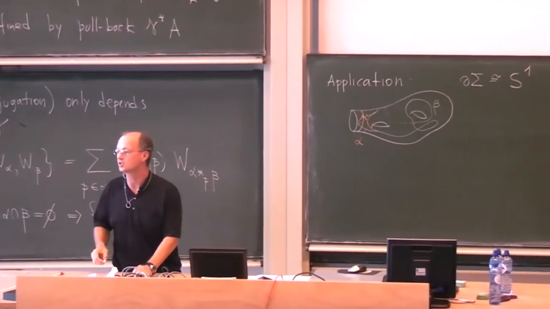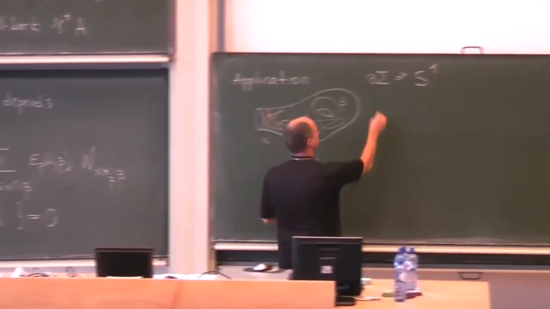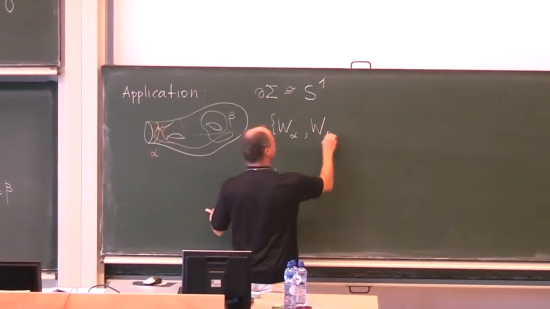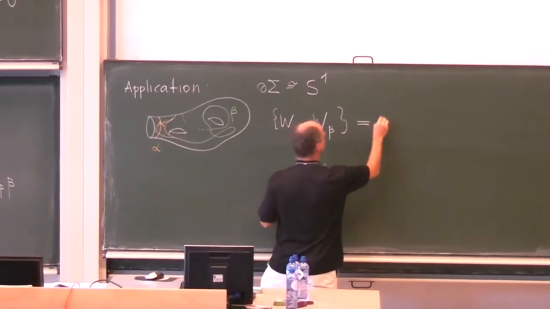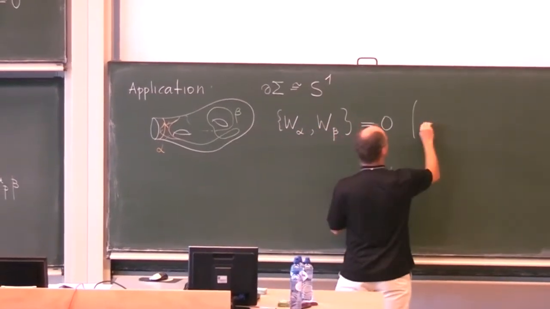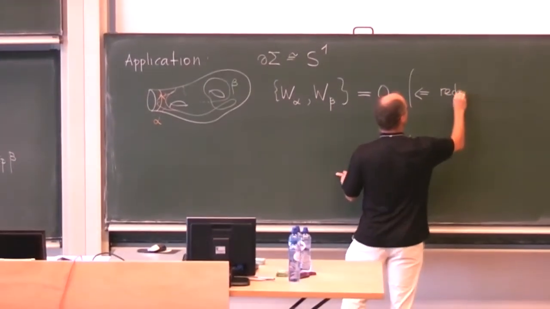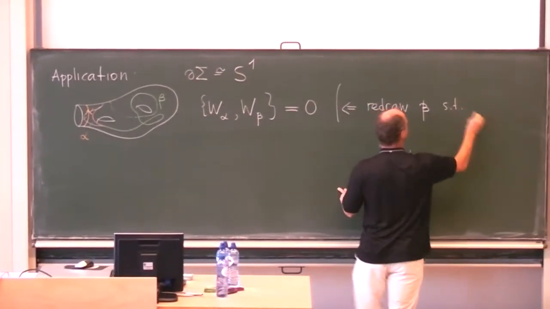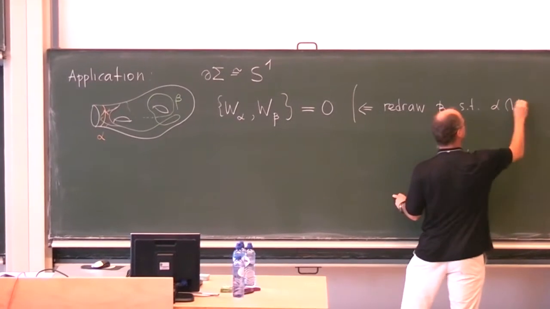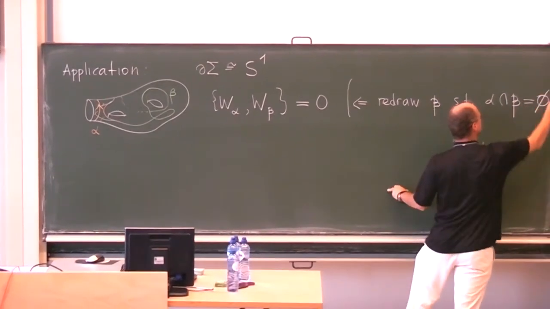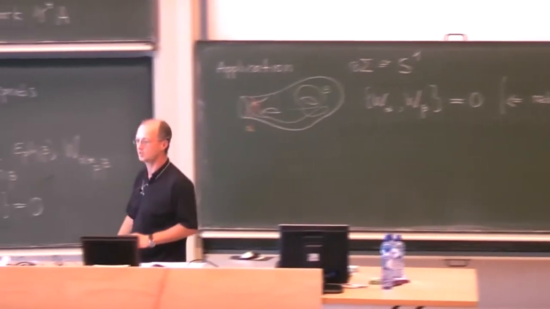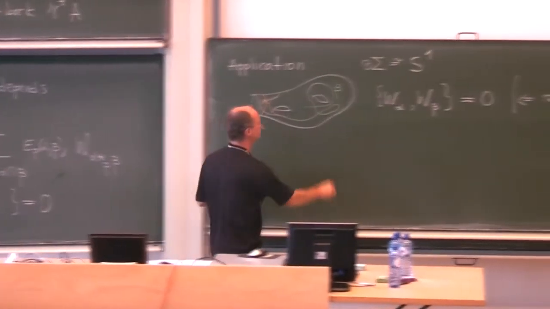This shows that the Goldman bracket of W alpha and W beta is 0, because we can redraw beta such that the intersection of alpha and beta becomes empty.